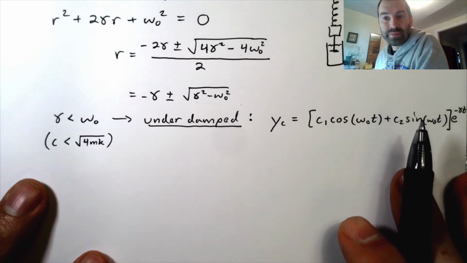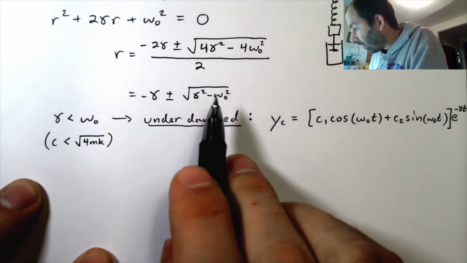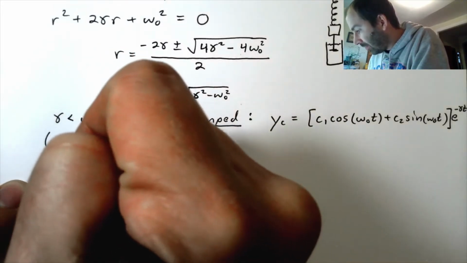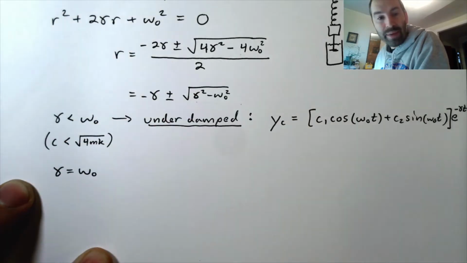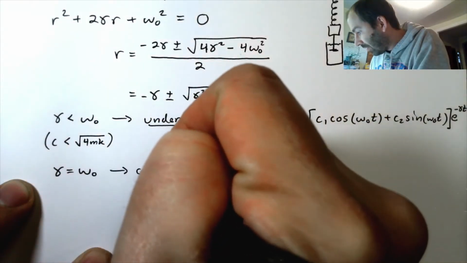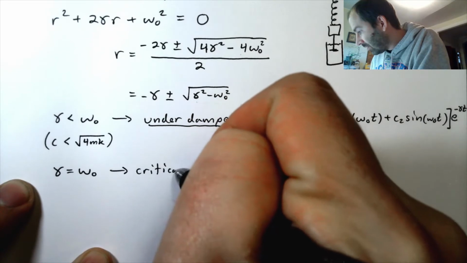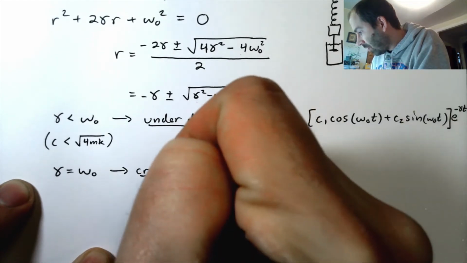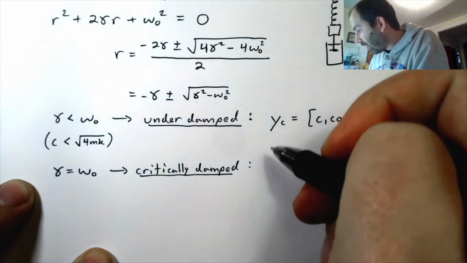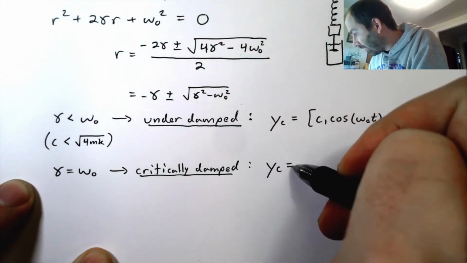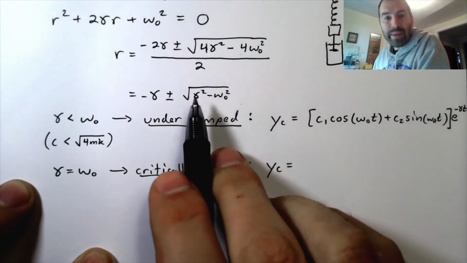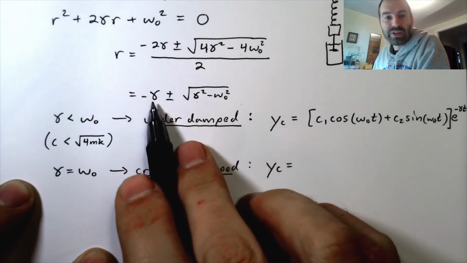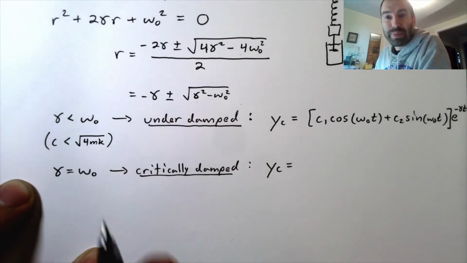Okay? Now, what else could happen? Well, gamma could equal omega naught. If gamma equals omega naught, we call that the critically damped case. When it's critically damped, what is the complementary solution that we get? Well, that means this term is 0, so our solution is just minus gamma, but that's a repeated root.